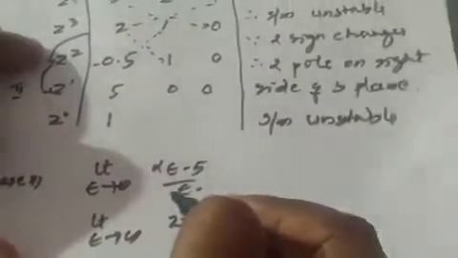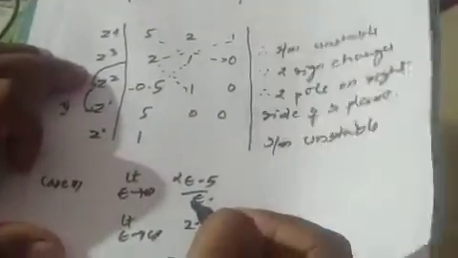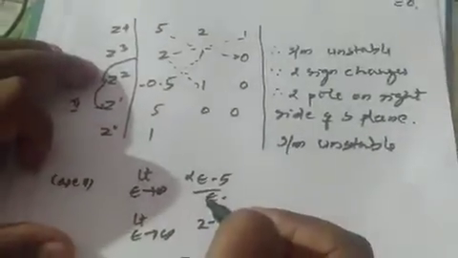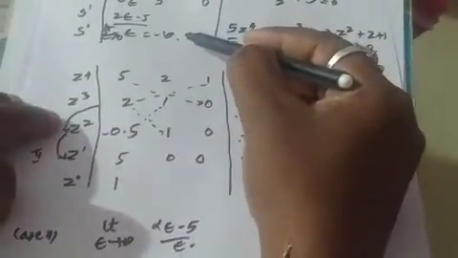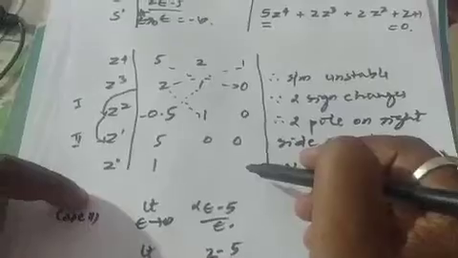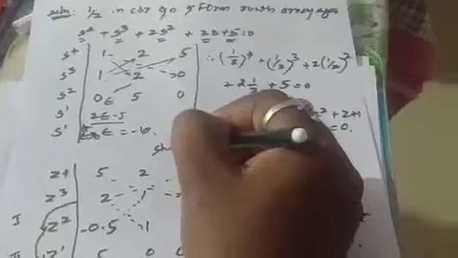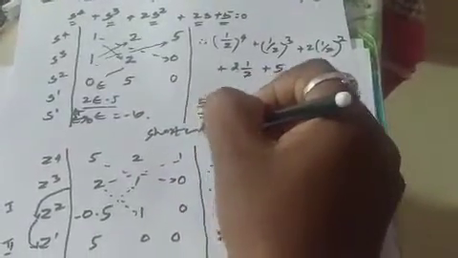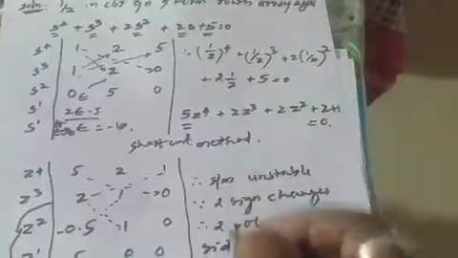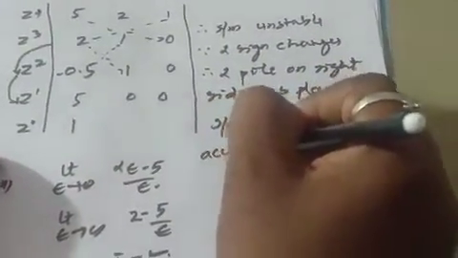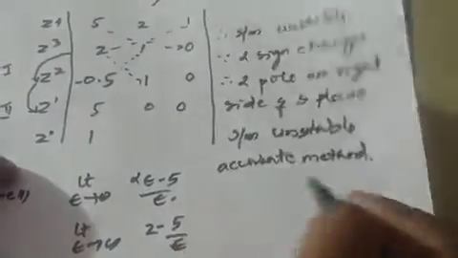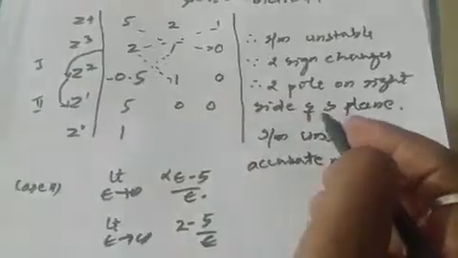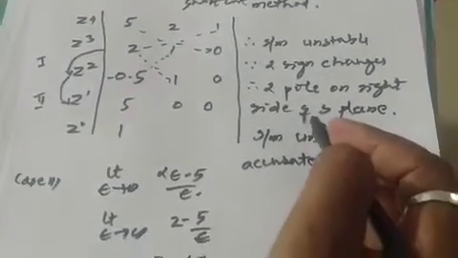So that means your system is unstable, because 2 poles at the right hand side of the S plane you are getting. So this is the shortcut method. After substituting Z, that is the accurate method. Whatever you want to use for your convenience you can use.